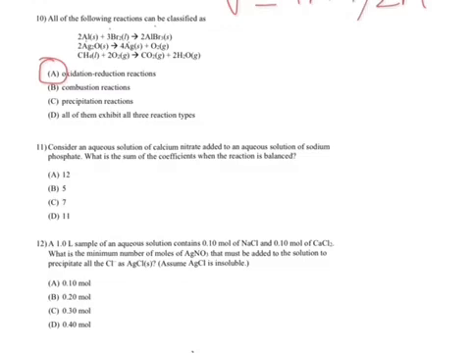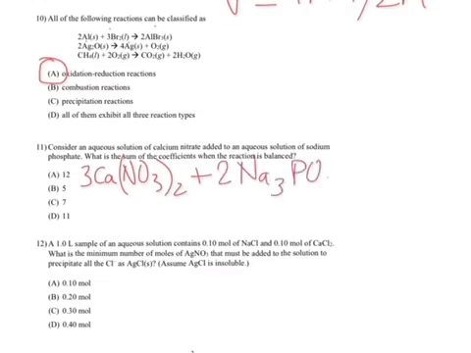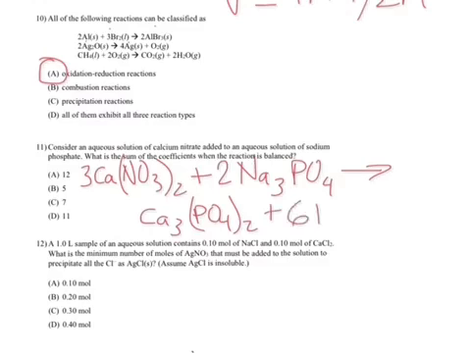All right, now when I balance this reaction, I'm going to get 3 Ca(NO3)2 plus 2 Na3PO4, and that reacts to form calcium phosphate, Ca3(PO4)2, plus 6 sodium nitrates. I add all of these things up together and I get 12.